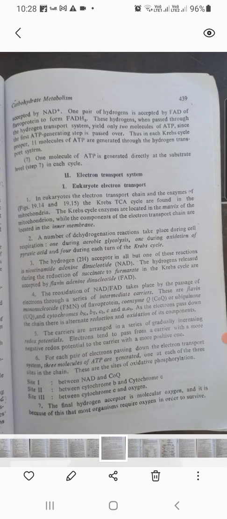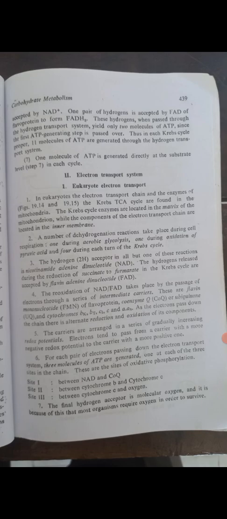The two hydrogen acceptor in all but one of these reactions is nicotinamide adenine dinucleotide, that is NAD, in all these reactions but one, which is FAD.